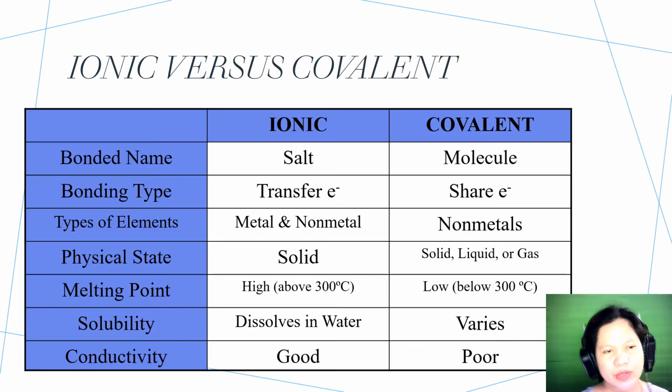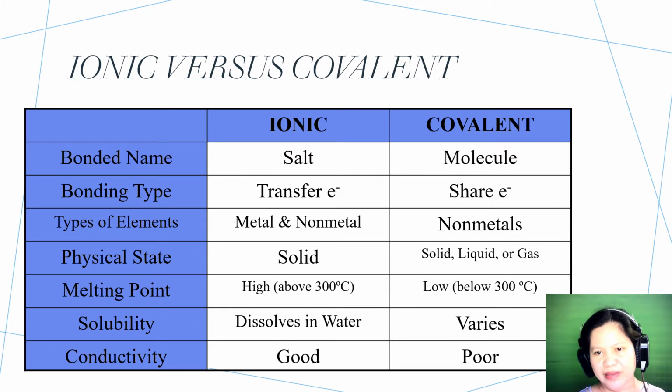So this will be the comparison between ionic and covalent, because later on we'll be discussing in detail what covalent compound is all about. So the bonded name, usually pag ionic, salt yung bonded name.